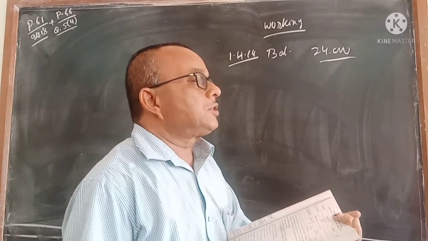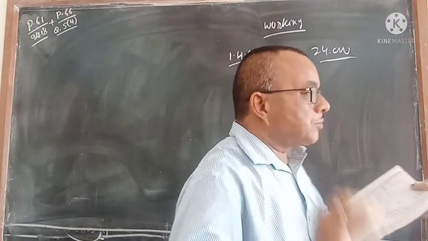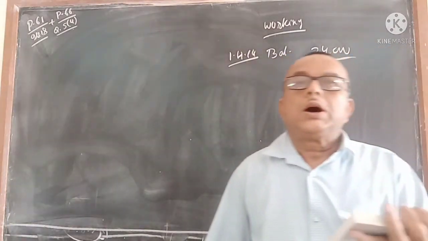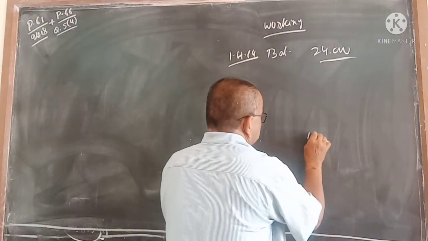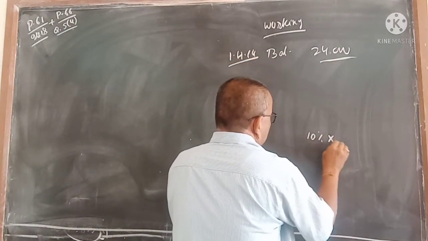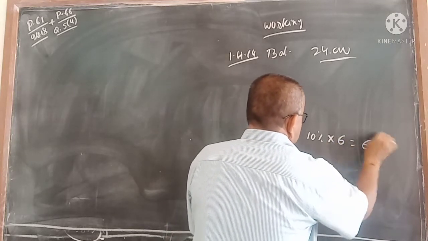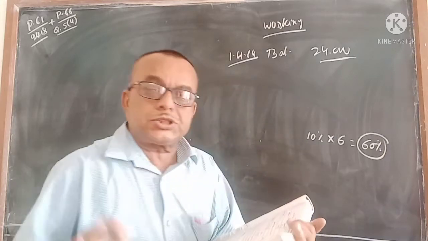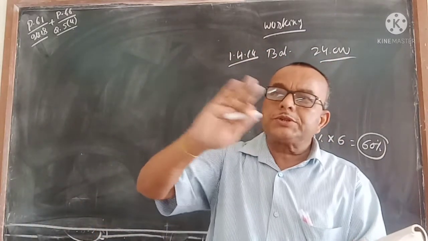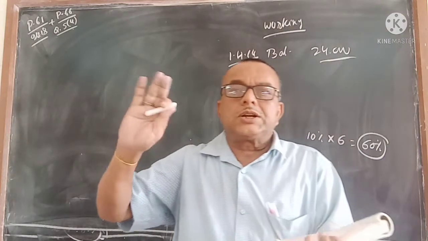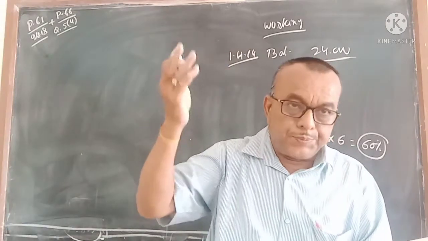If every year you are charging depreciation of 10%, how much total depreciation have you charged? Every year 10%, calculated for 6 years, so you have already charged 60%. That means every year 10%, and for 6 years, 60% you have already deducted from your CP.